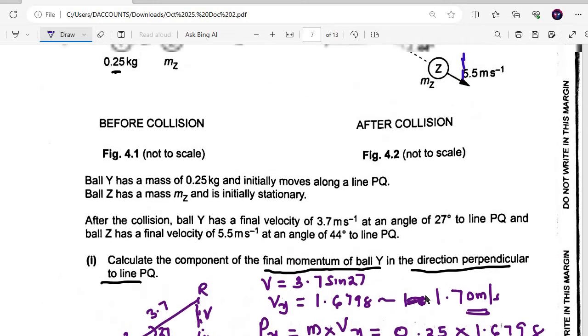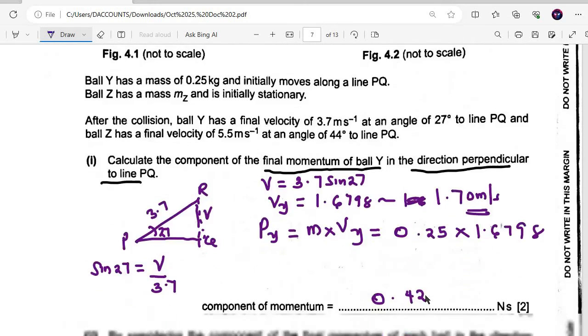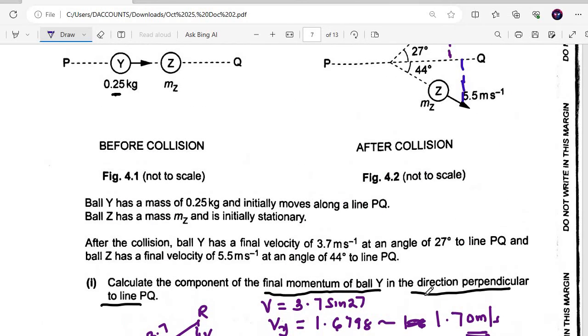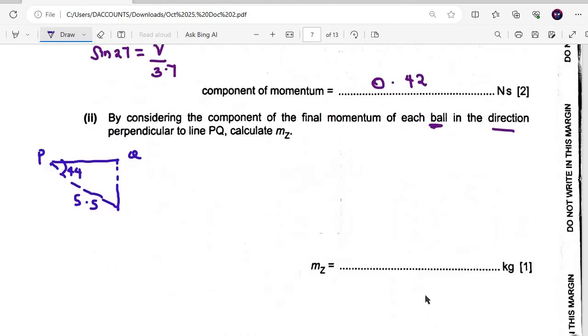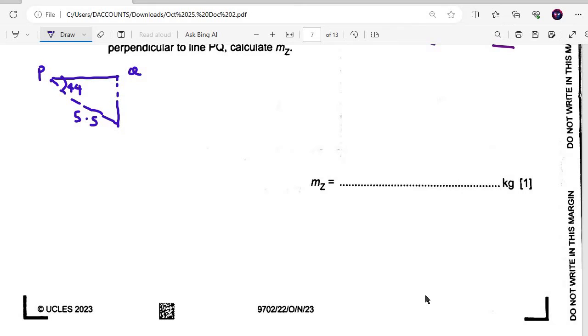So for Z the speed is 5.5. Let's get this component for VZ. Sine 44 is opposite over hypotenuse, so VZ is 5.5 sine 44.